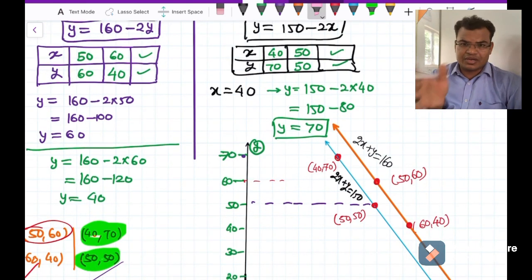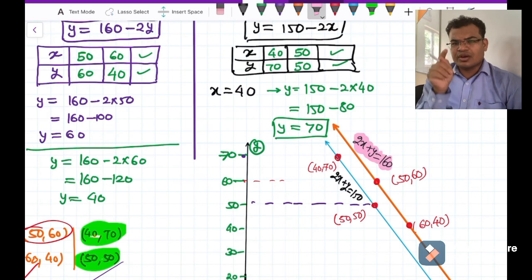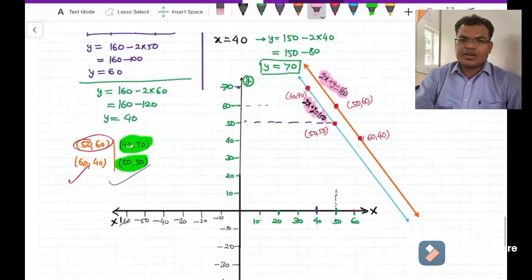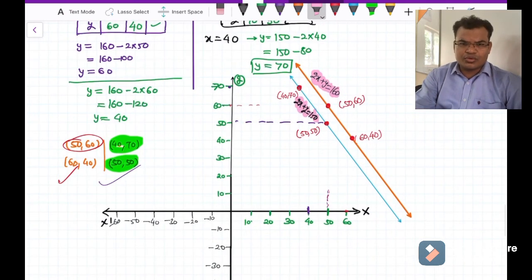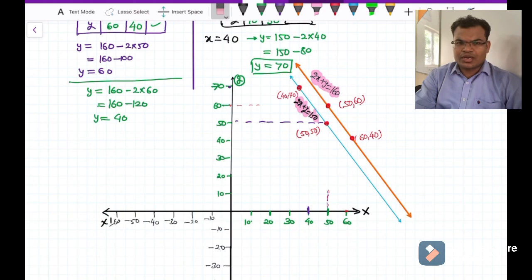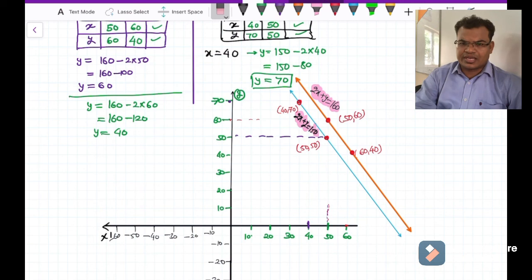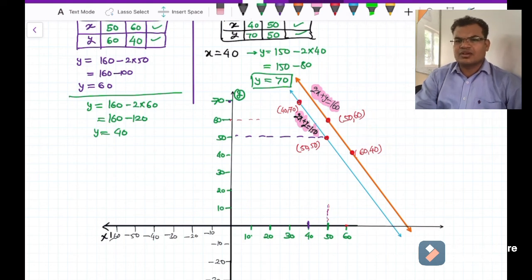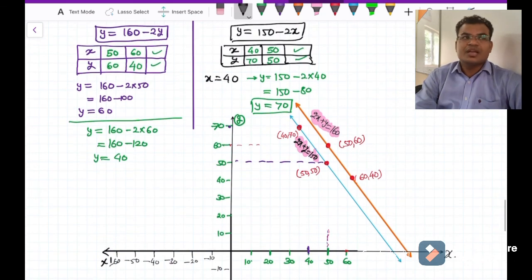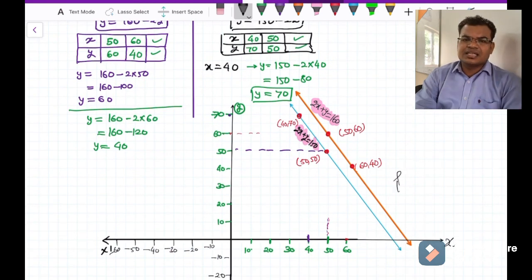Let me write it. I will complete it, guys. When you are plotting the graph, you have to write the equation of the line on the graph, on this straight line. And one more thing I want to do for a perfect diagram: I can extend the x-axis towards the positive side again, and put the values here, 10, 20, 30, 40, 50, and extending 60, 70, 80.